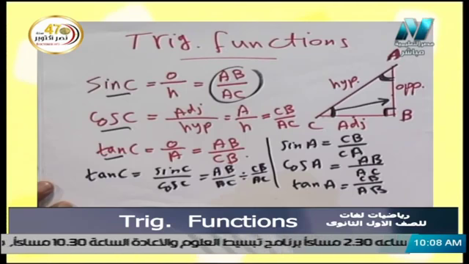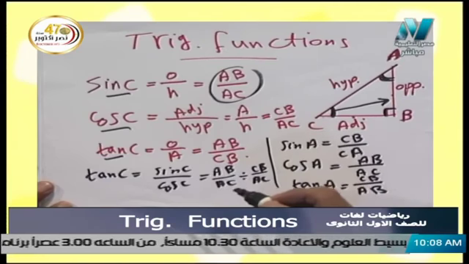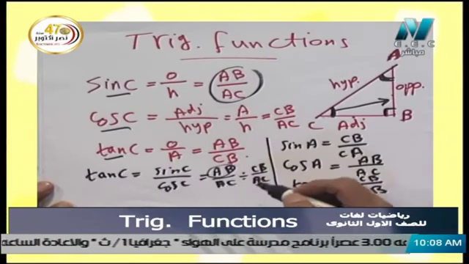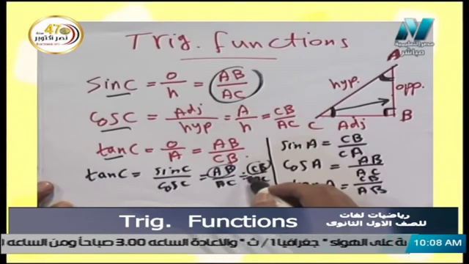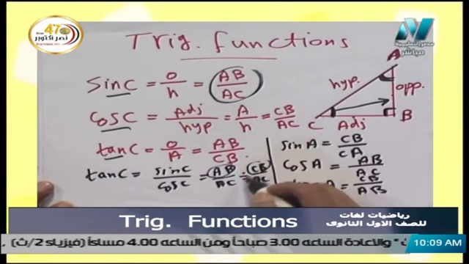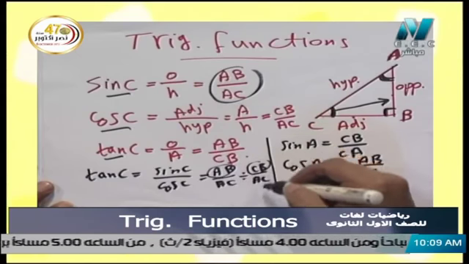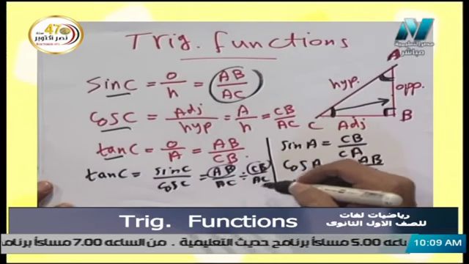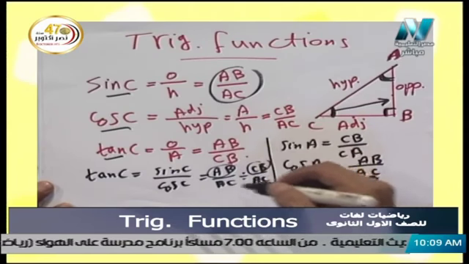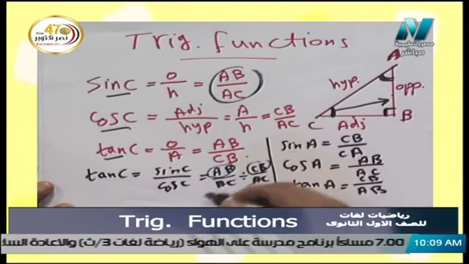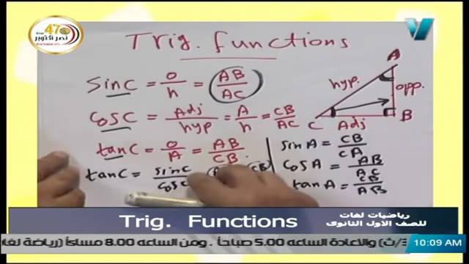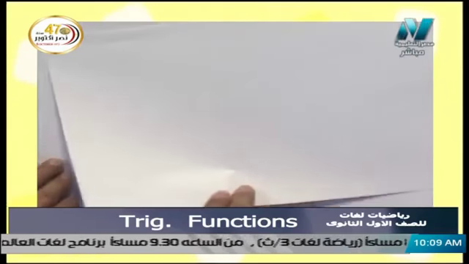Division becomes multiplication by the reciprocal, so AB over AC times AC over CB, and AC cancels with AC, leaving AB over CB.